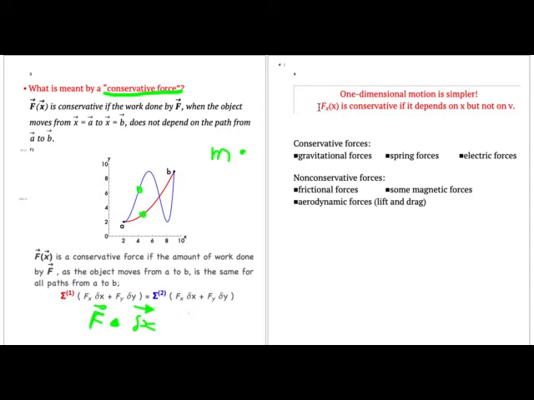Then F of x is conservative if it depends on x, but not on v. So for one-dimensional motion, if a force depends only on the position, not on the velocity, then it is a conservative force. So for one-dimensional forces, it's a very simple thing to know.